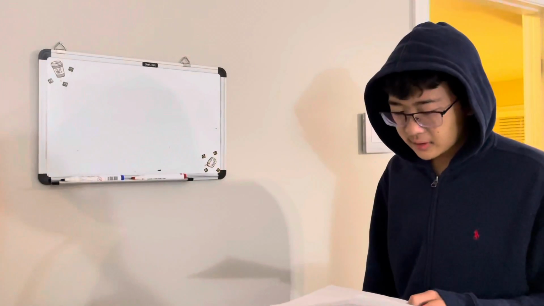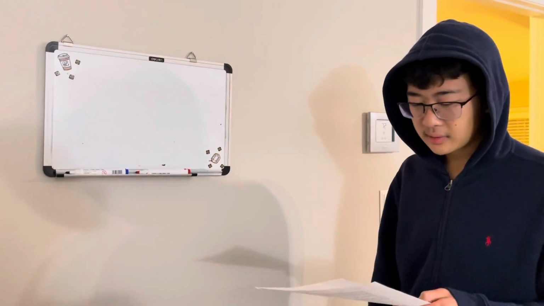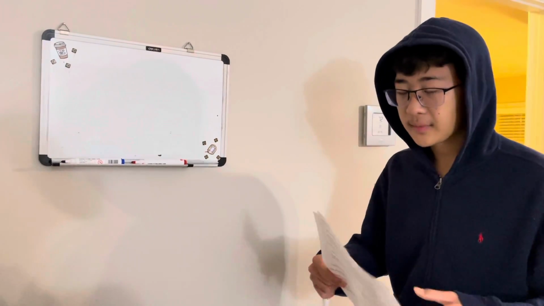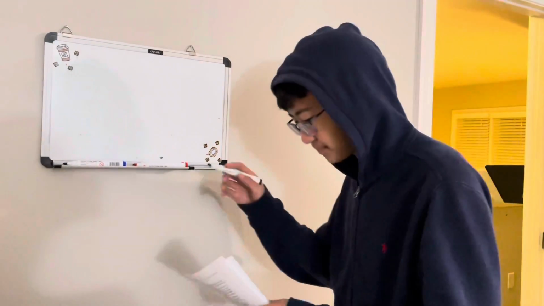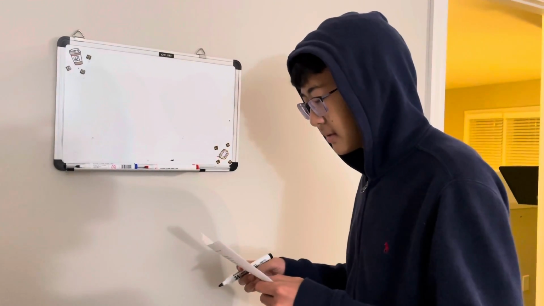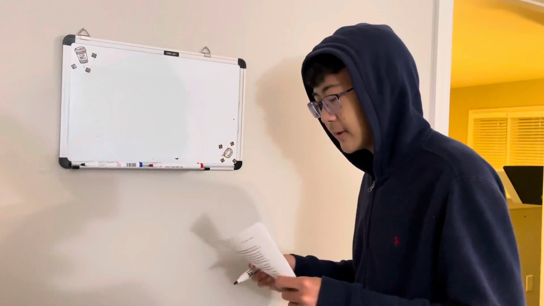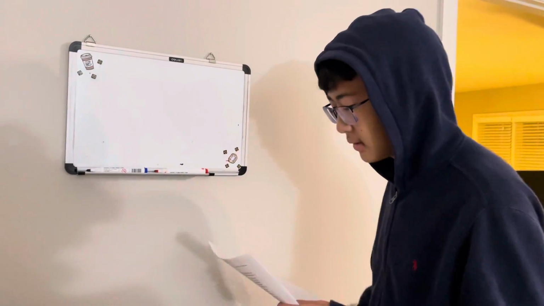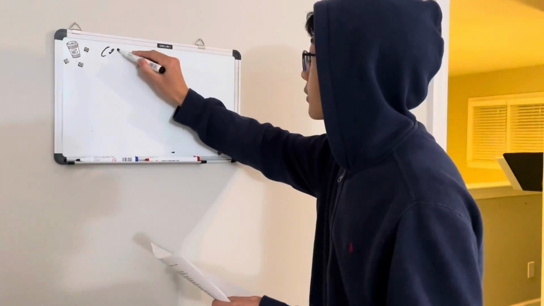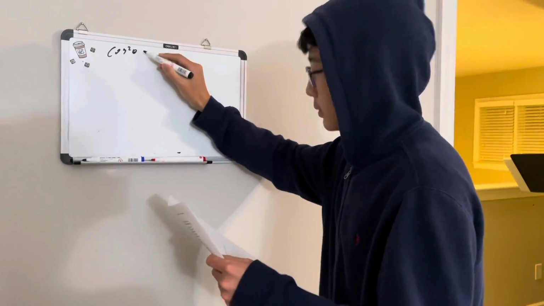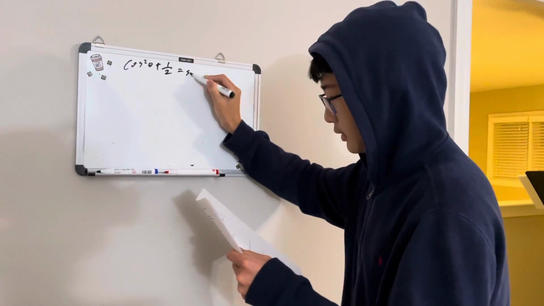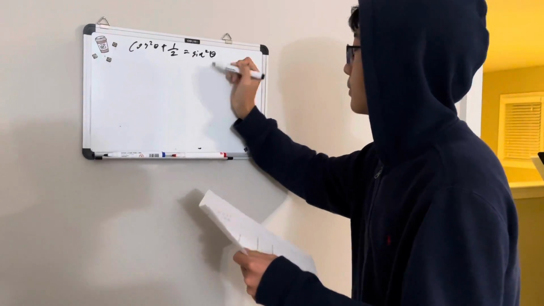Okay, here in Russia, we're choosing problem number 2 on problem set number 3. Let's do this. Solve on the interval bracket 0, 2 pi parenthesis, which means it doesn't include 2 pi but includes 0. And it is cosine squared theta plus 1/2 equals sine squared theta.